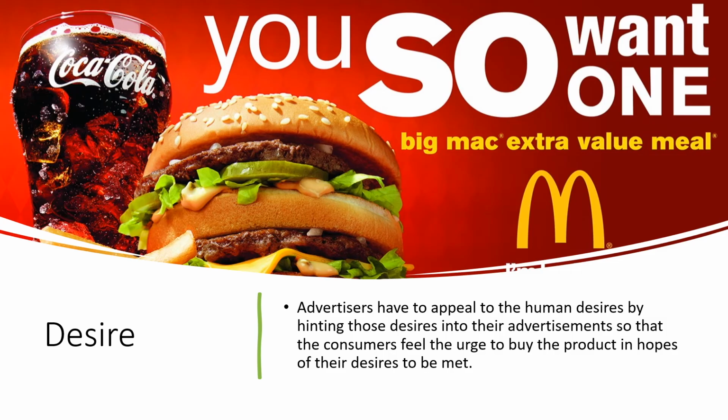Basically, any desire a human has is valid, and advertisers will try to target those in their advertisements. So, next, we will look at different examples of advertisements that appeal to these five desires that we have mentioned.